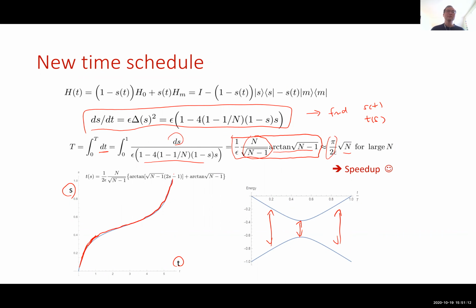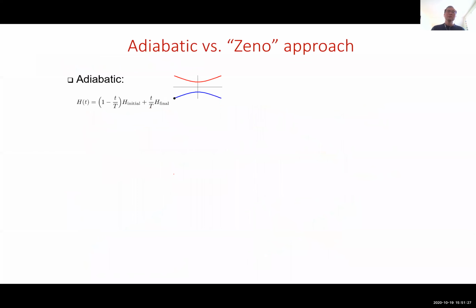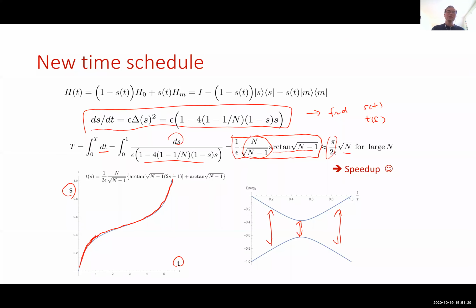Okay, so that's the new time schedule that we're going to use in this Grover modified Hamiltonian. Okay, and we get the speed up. So any question on this little model? It's just really demonstrating in principle the square root n speed up.